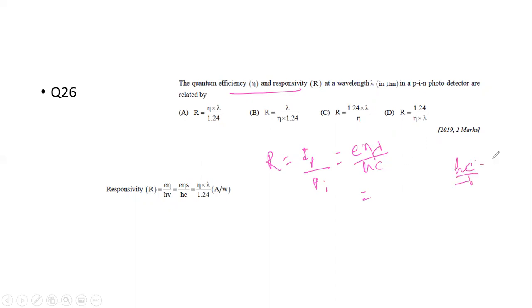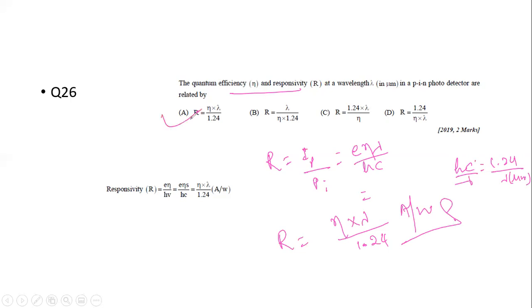HC by lambda is called 1.24 upon lambda in micrometer. This is your energy gap. So responsivity is eta into lambda upon HC, which is eta lambda upon 1.24 ampere per watt. So option A is the right option. This is the basic formula I will teach.